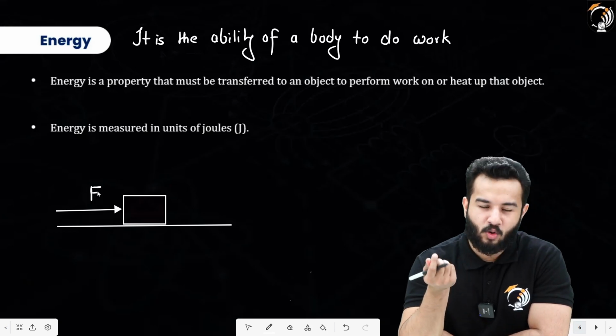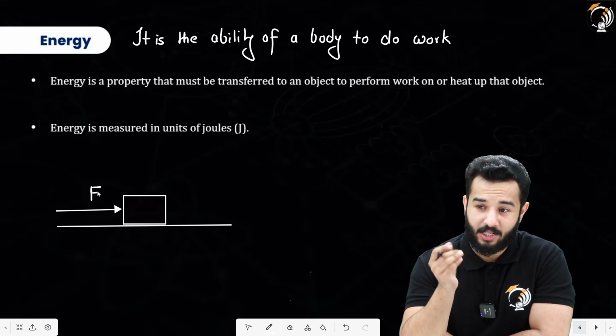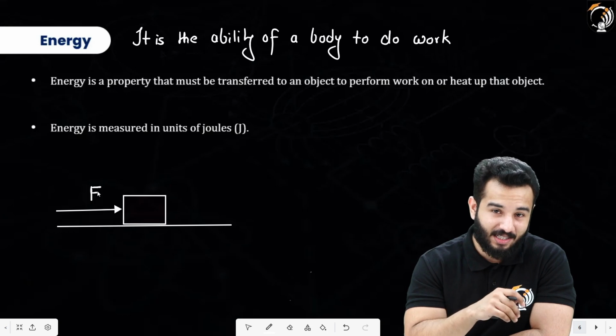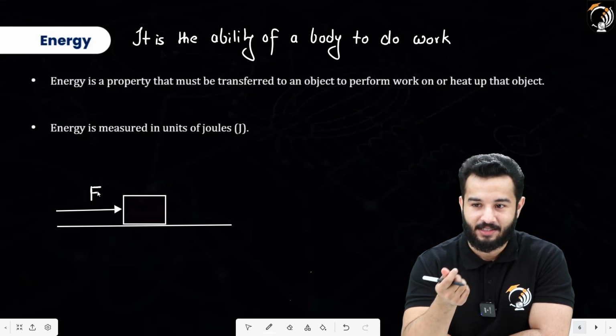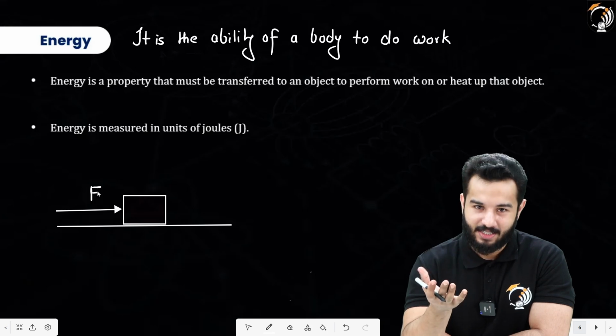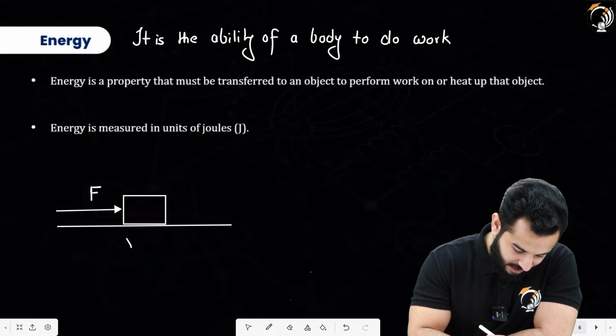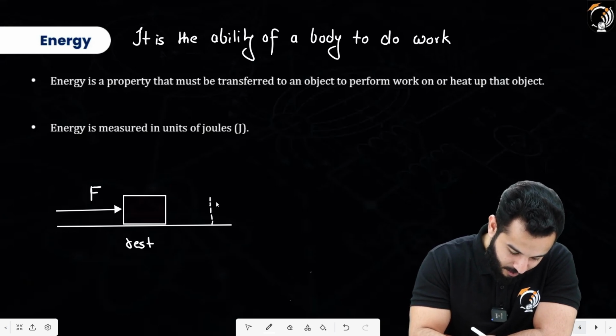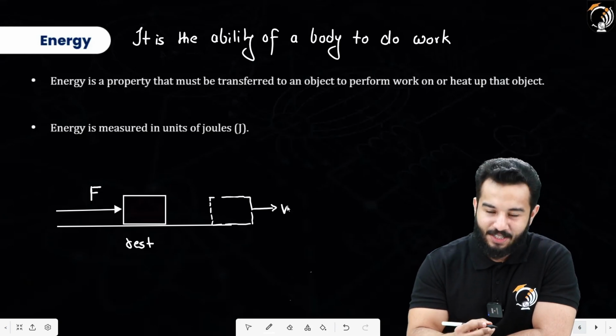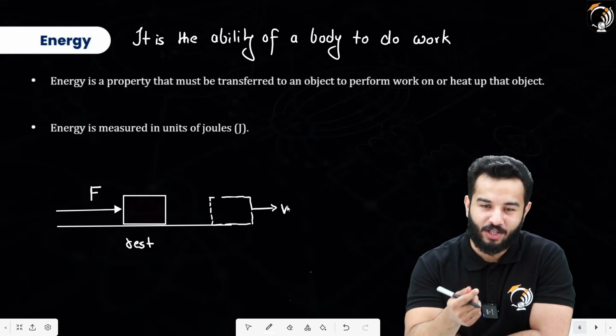Just figure out what will happen if a force is acting on it and it is displacing. It means that the velocity of the particle is increasing. The speed of the particle is increasing. Initially it was at rest, let's assume that for simplicity. That means after some time the particle will gain some speed. Is that correct? The particle will gain some speed. This means that the particle is in motion.